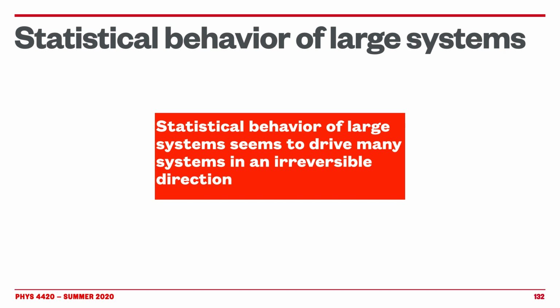If you do not think in terms of microstate and macrostate, it looks almost like something is rigged, but it's not. It's just a matter of probability and the number of microstates that you have for a given system. That's the reason why it looks like you have an irreversible direction.